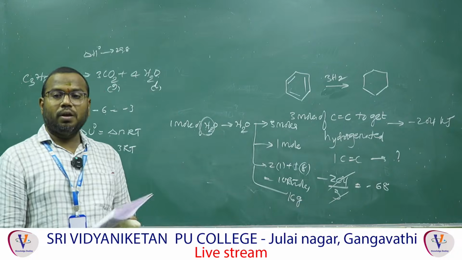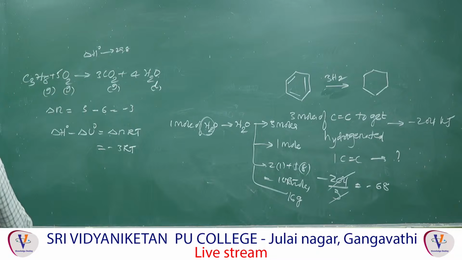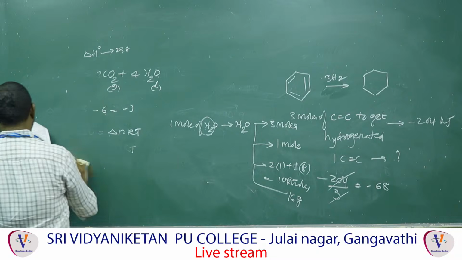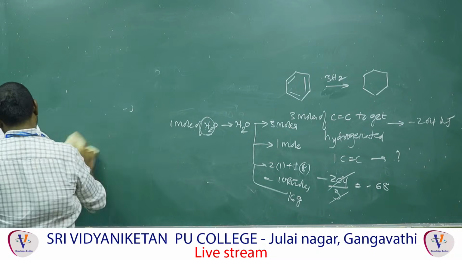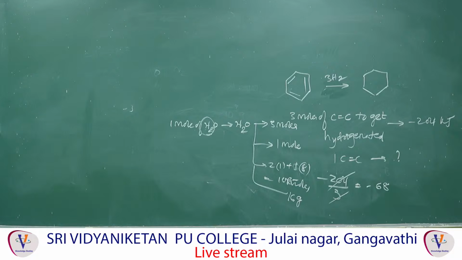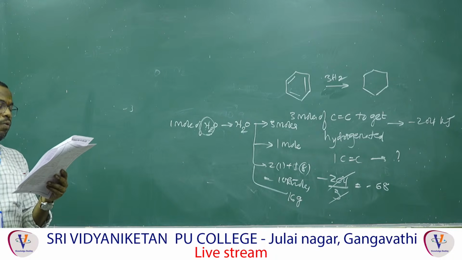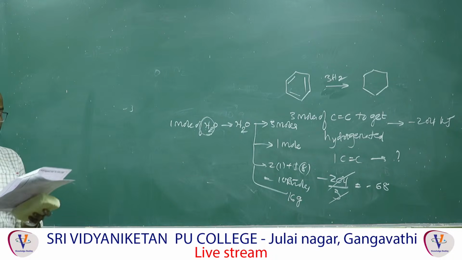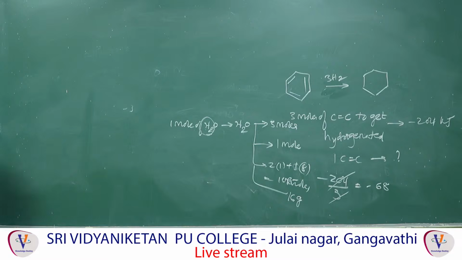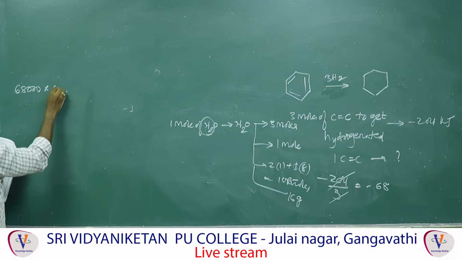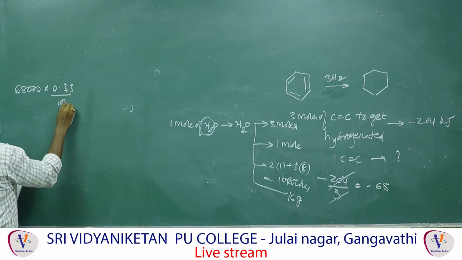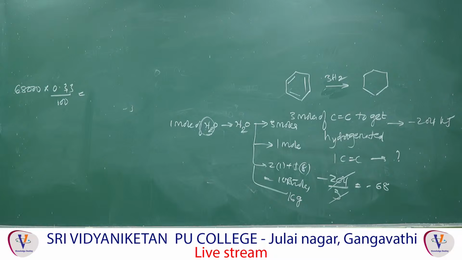56th question. The hemoglobin contains 0.33% iron. The molecular weight of hemoglobin is 68,000. The number of iron atoms in 1 molecule of hemoglobin is? When we consider this, we first will find out the mass of iron in the given compound as 68,000 into 0.33 by 100.